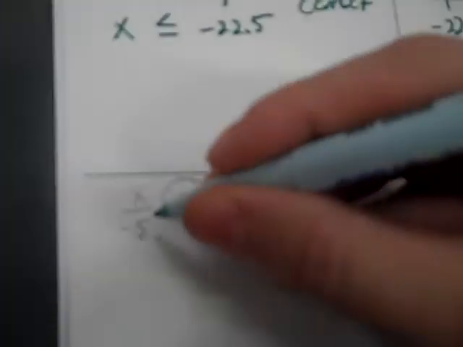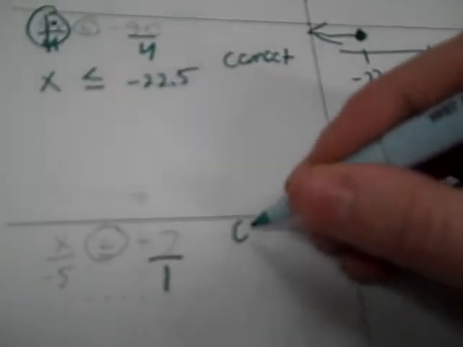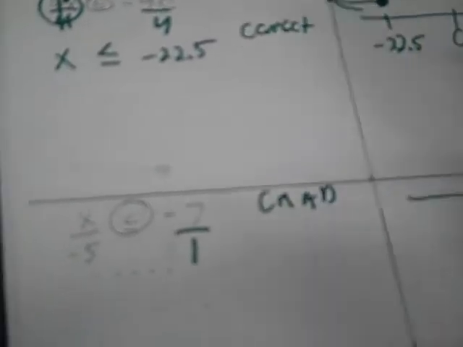Okay, and the last one, you see a fraction, so put a fraction on the other side, put a 1. So you know what this means. Cross multiply and divide. But before we do that, if we have a negative under the x, which we do, that number's negative, flip the sign. And the x is here, so I'm going to keep it over here.